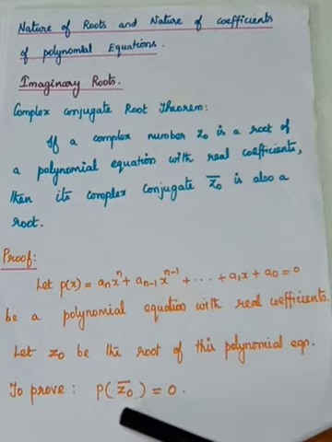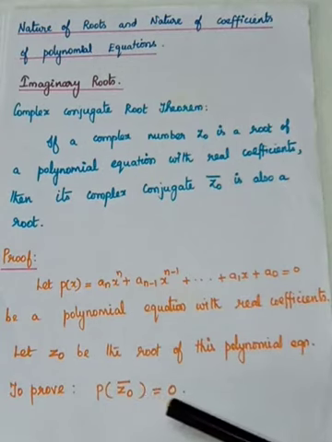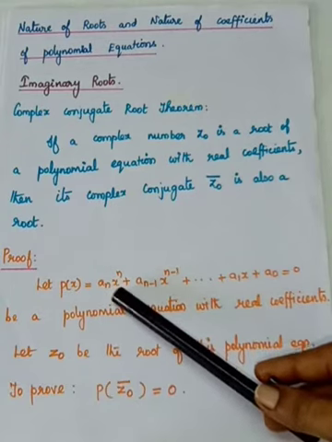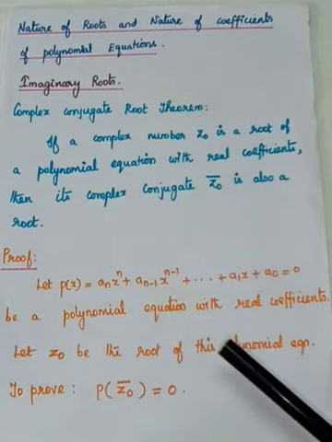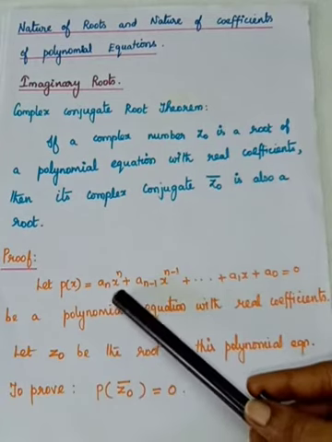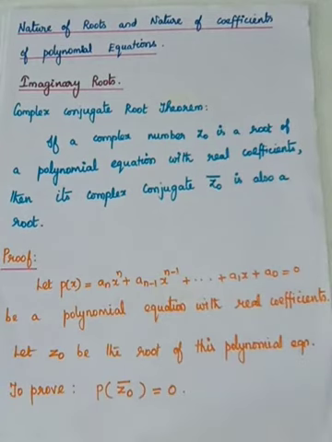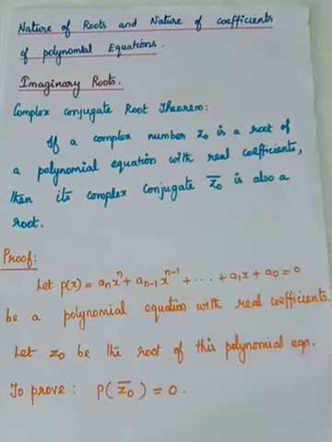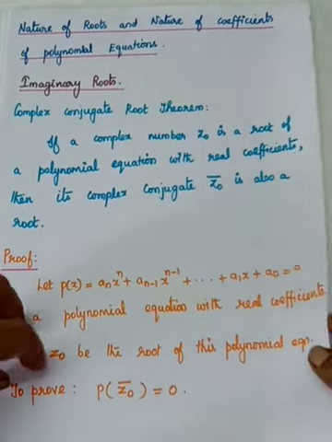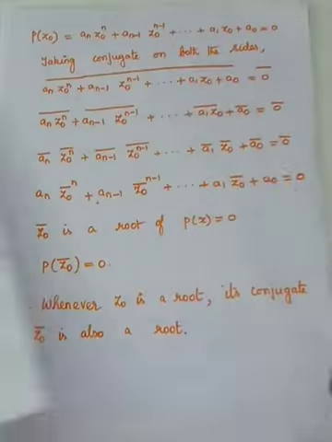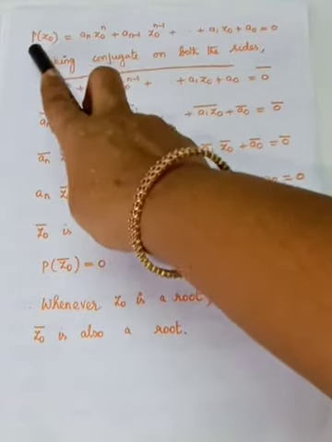What is the meaning of it? p of z0 bar equals 0. Now we have to bring z0 bar in the place of x. Wherever you have x, you bring z0 bar. But first consider what is given: z0 is a root of this polynomial equation, so consider p of z0.